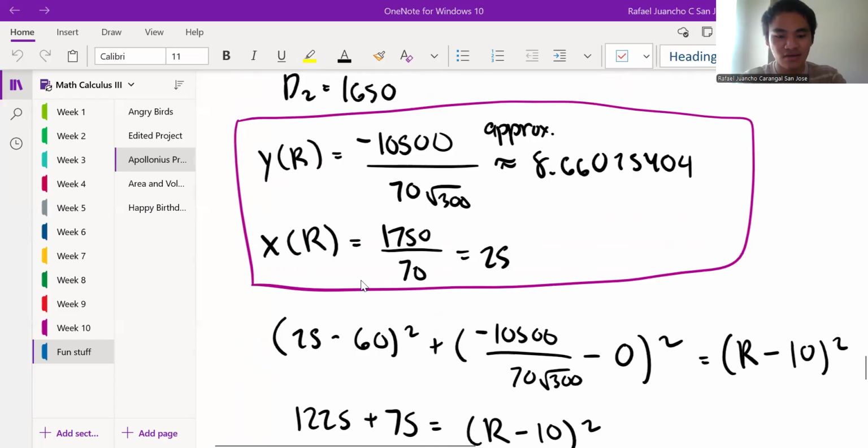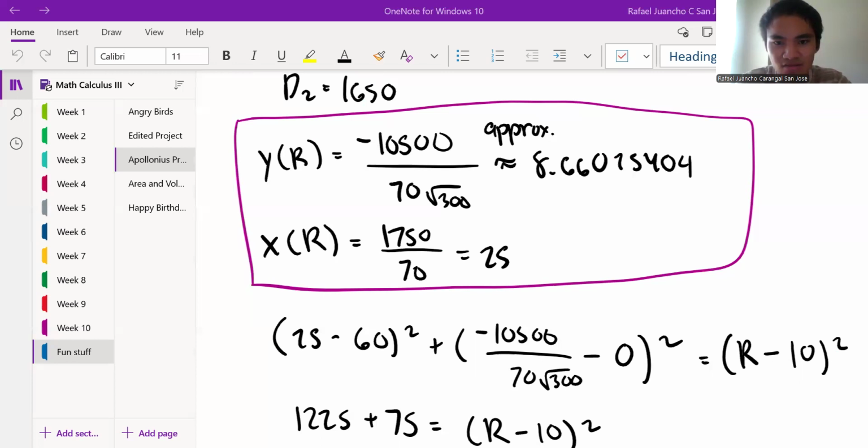So my outer circle is x minus, what is this? X minus this number. So I'm just going to do plus 10500 divided by 70 square root of 300.